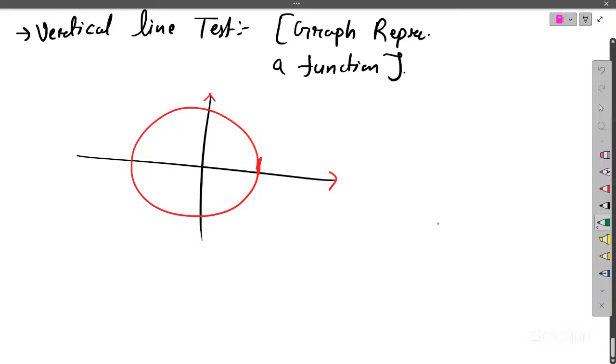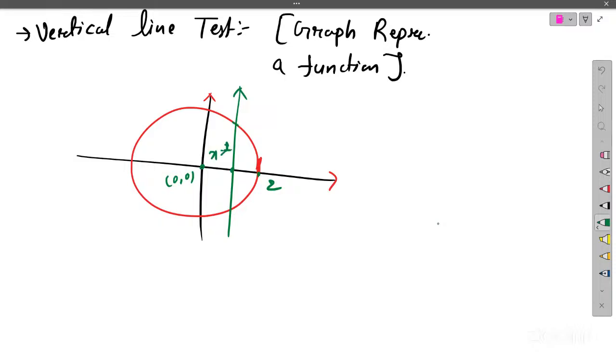We draw several vertical lines, and if there is a vertical line which intersects the graph more than once, then the graph does not represent a function. Assume it is a circle at the origin with radius 2. If you draw the line x equals 1, it will intersect the graph more than once. So for the same input, we are getting two outputs.